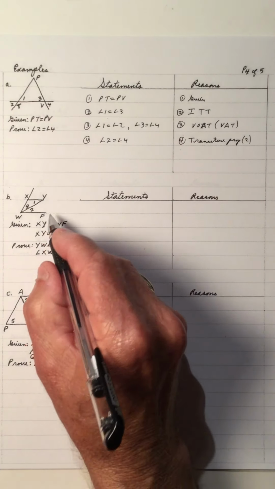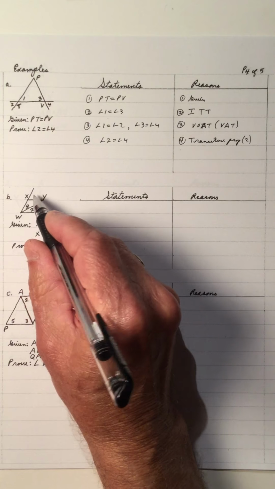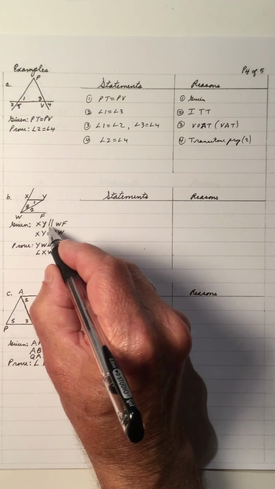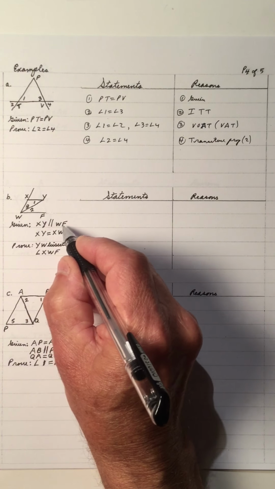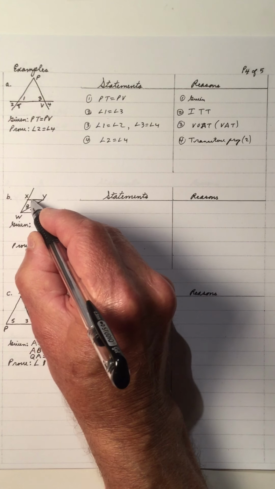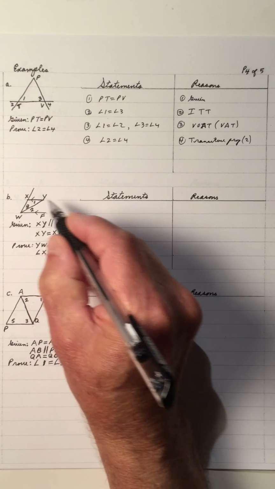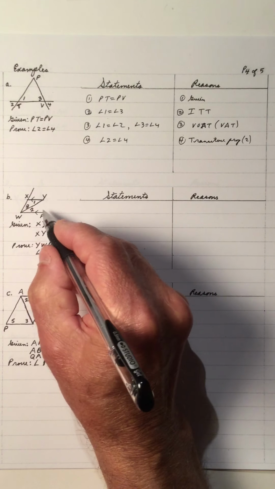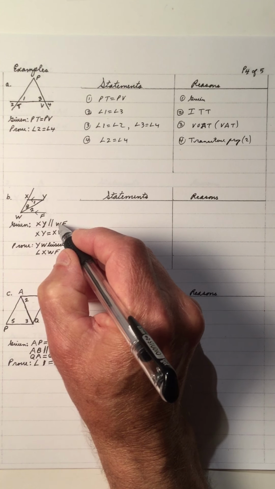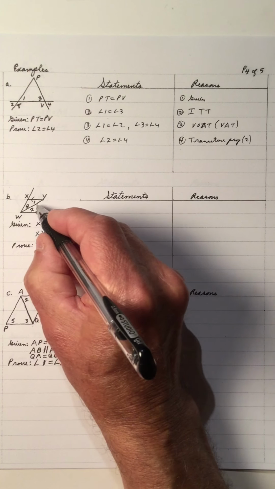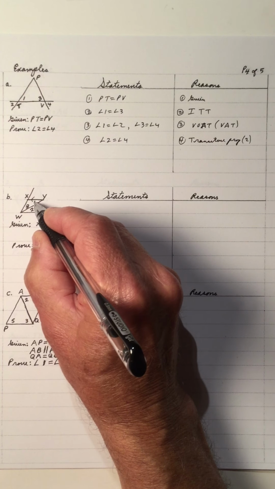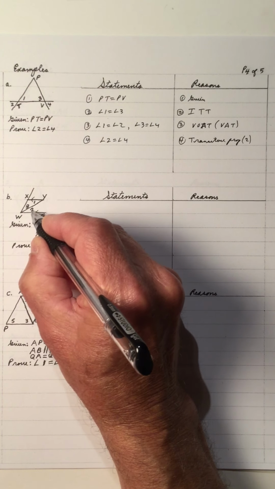B, we have a diagram here with these angles in it, and we have XY is parallel to WF. So if XY is parallel to WF, mark them like that. And as a result of these parallel lines, we should have angles equal. Let's see, that means that 2 and 1 are equal.